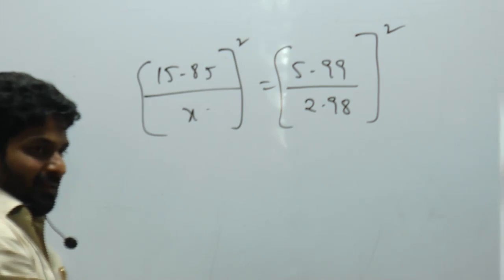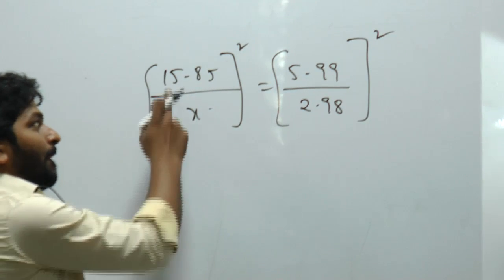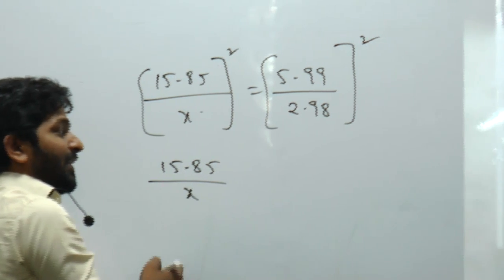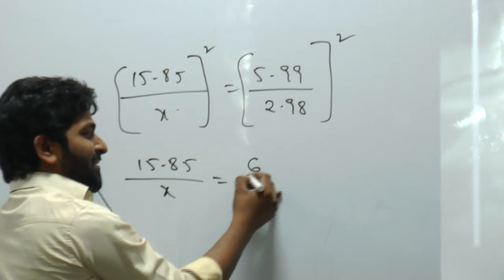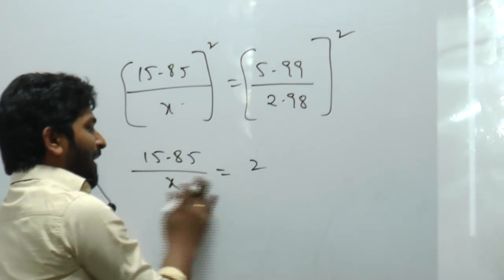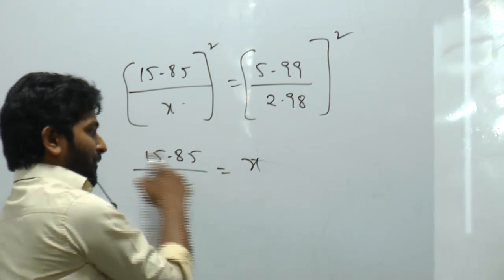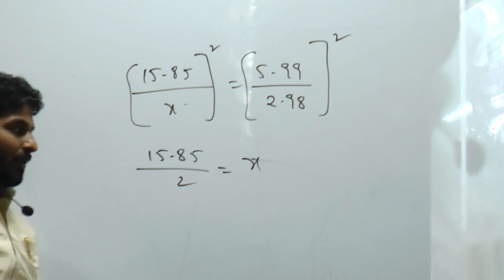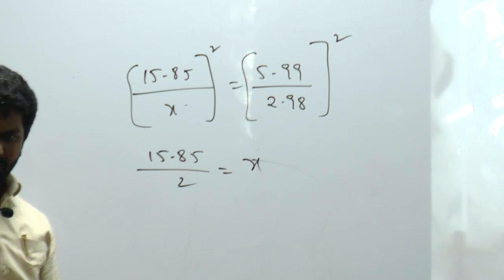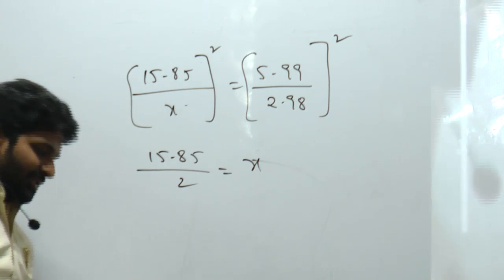Square square cancel, base value should be same. For time being, let it be 15.85 only. X is equal to, let it be 6 by 3. How much is this? 2. X will be equal to 15.85 by 2. So if you make it 16, will you have any difference? No. So 16 by 2, 8 answer.